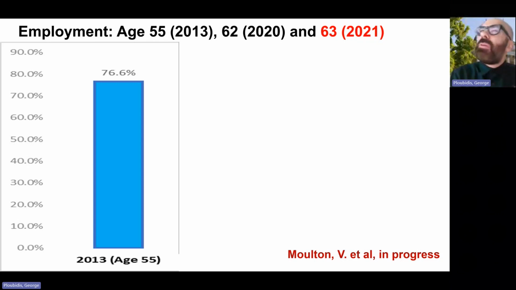And of course, it's something that specifically in the UK is thought to be concentrated mostly in midlife or early old age and so on. So we looked at this, and of course, as you have seen, we have data across the life course on people's working histories. At age 55, we knew that 76% of this cohort were employed in full-time employment. So the question is, what happened 7 years later at age 62, just before the pandemic started?